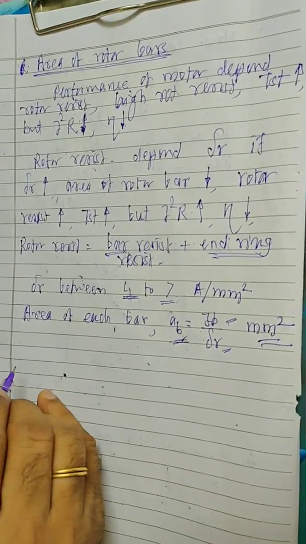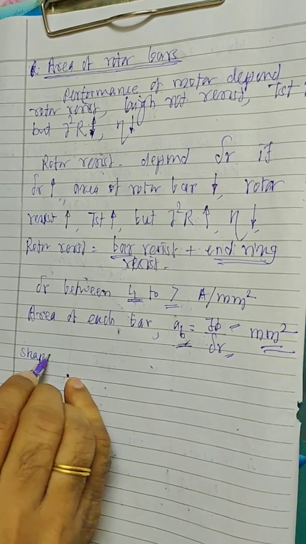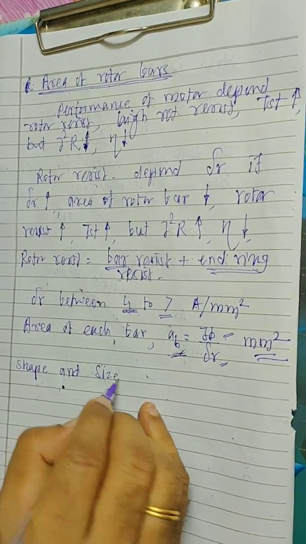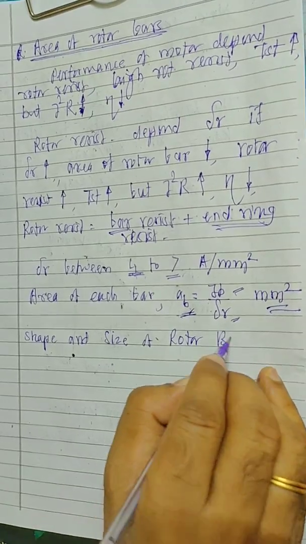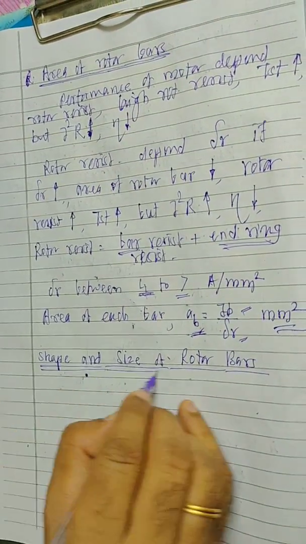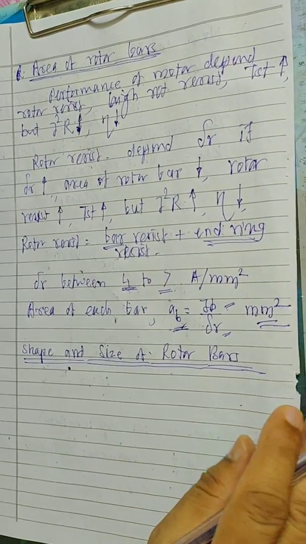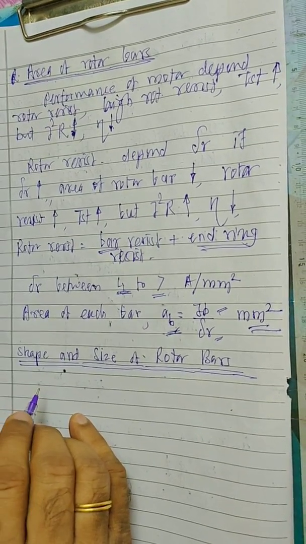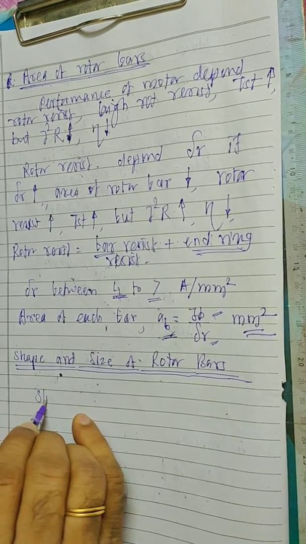Next point is shape and size of rotor bars. Rotor slots are used either closed type or semi-enclosed type.